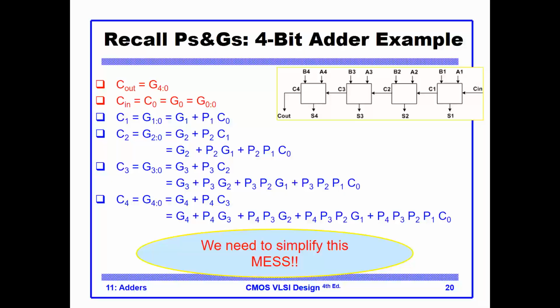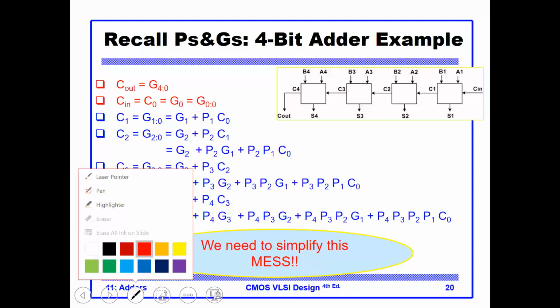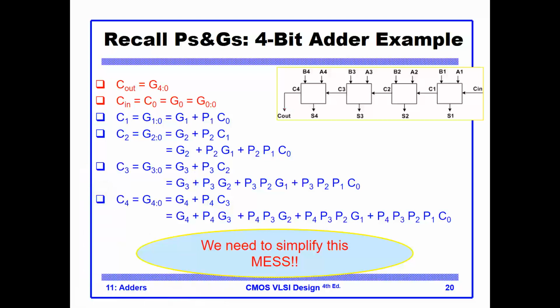Hi. So in the last lecture, we derived the expression for the cout for a 4-bit adder. And we noticed that this expression grows linearly with the size of the data.